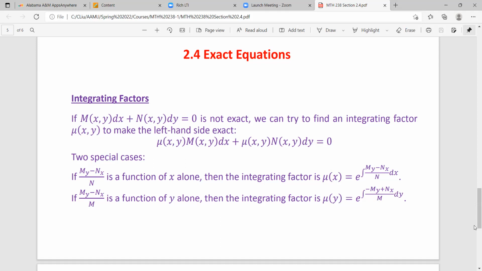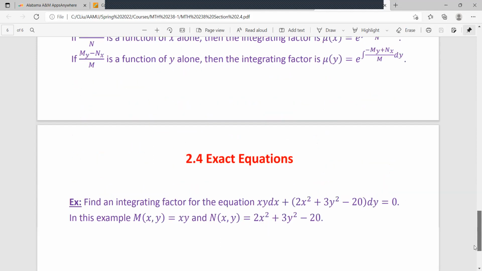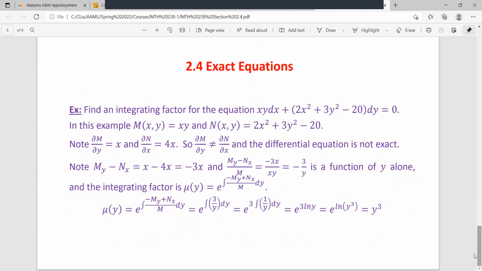All right. So I guess we just do some examples, since people may be a little confused at this point. So let's just find the integrating factor for the equation xy dx plus (2x squared plus 3y squared minus 20) dy equal to 0.